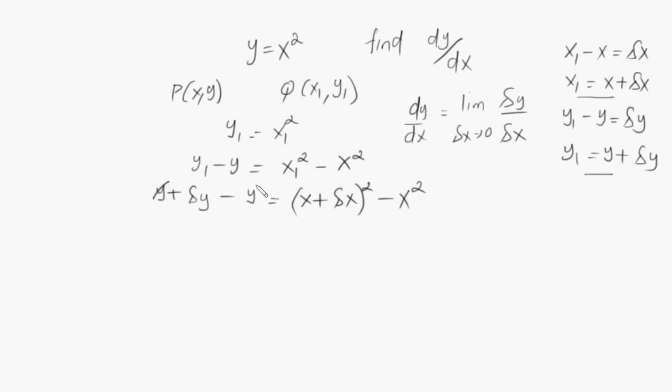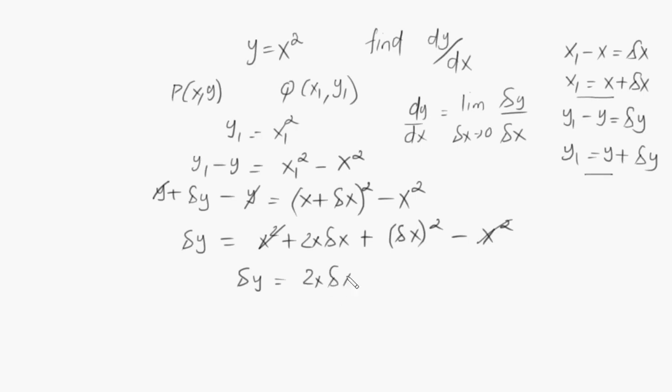So we get delta y equals, square this one is just x squared plus 2x delta x plus delta x squared minus x squared. So can minus that one. So my delta y now equals 2x delta x plus delta x squared.